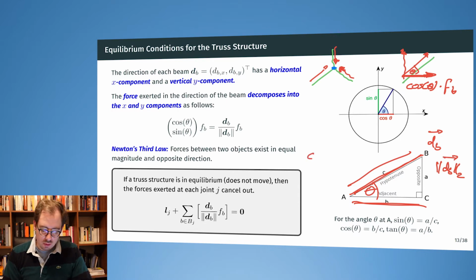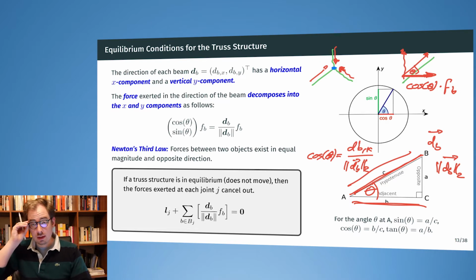In order to compute the cosine of theta, we take dB in the x direction divided by the length of dB in the Euclidean distance metric.